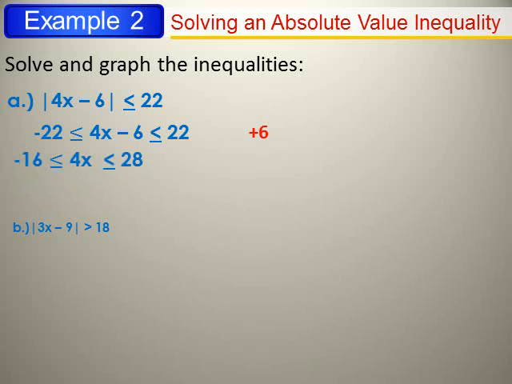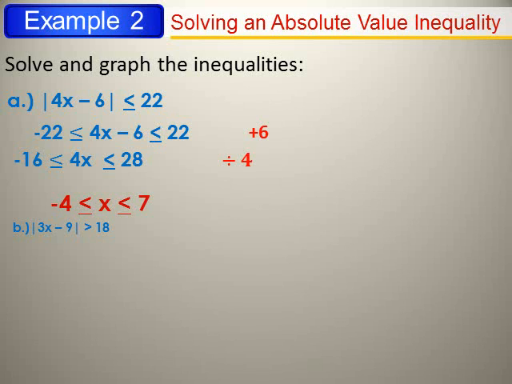It will be 4x less than or equal 28, greater than or equal negative 16. Finally divide by 4. X will be greater than or equal negative 4 and less than or equal 7. That means the solution set equals the closed interval from negative 4 to 7.